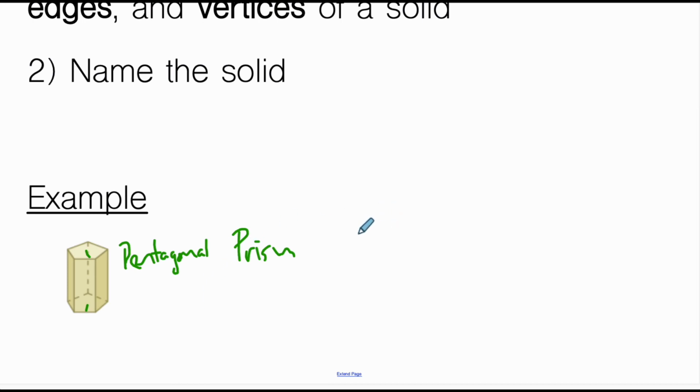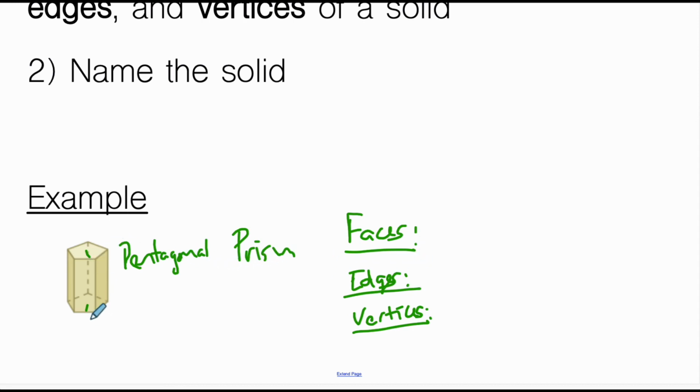And then secondly, we're going to be talking about the number of faces, the number of edges, the number of vertices. So let's figure this out. Well, the faces, there's 1, 2. There's 2 bases, so we'll keep track. 1, 2.